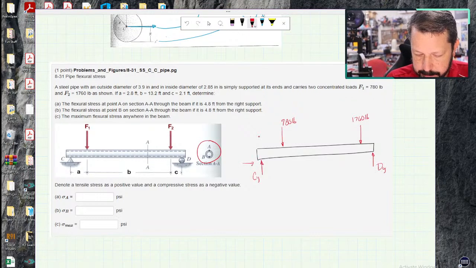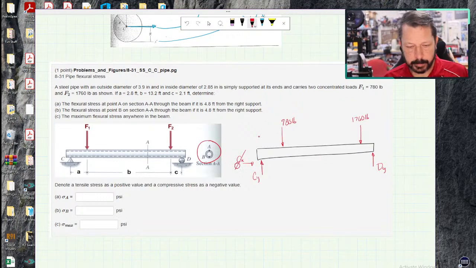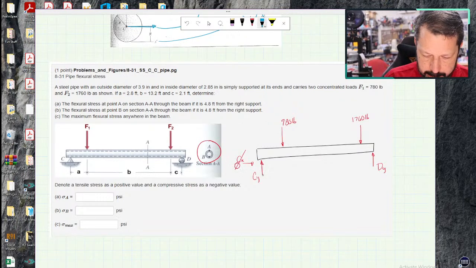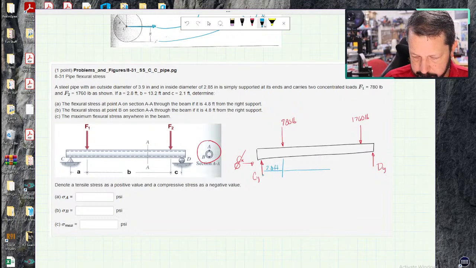Technically, I have a cx, but it's 0. And I have this dimension, A is 2.8 feet. I have this dimension, 13.2 feet. And I have this little dimension, 2.1 feet.